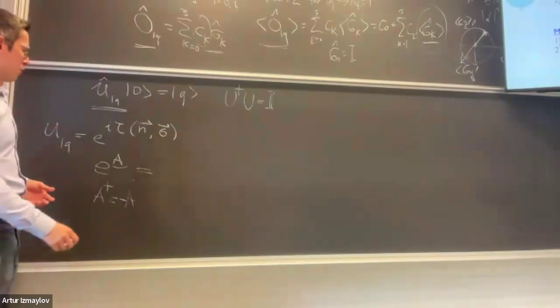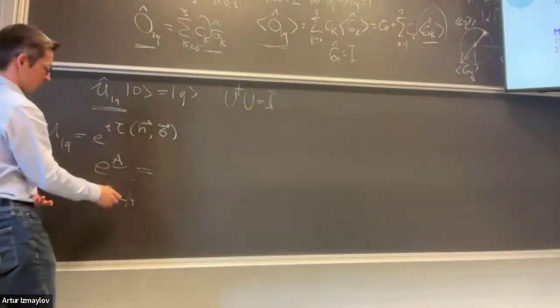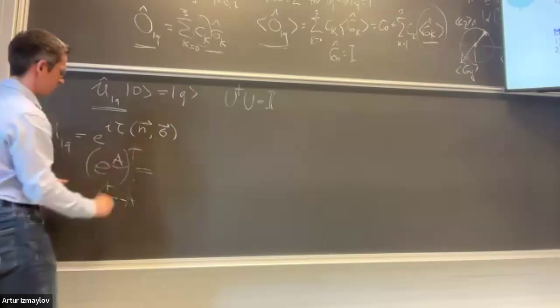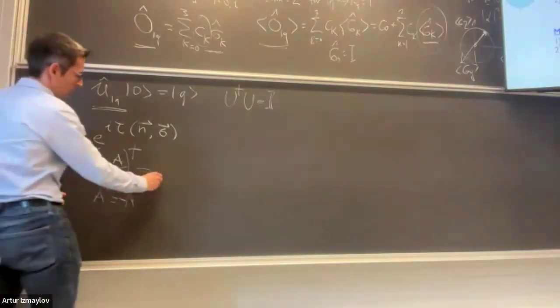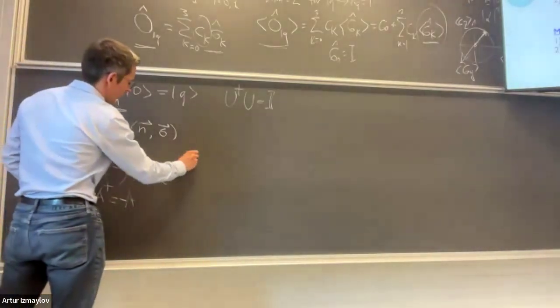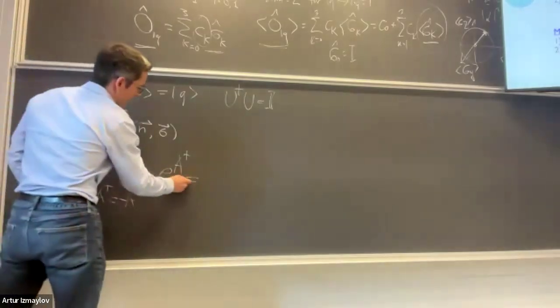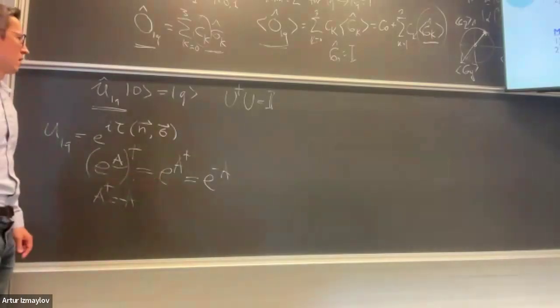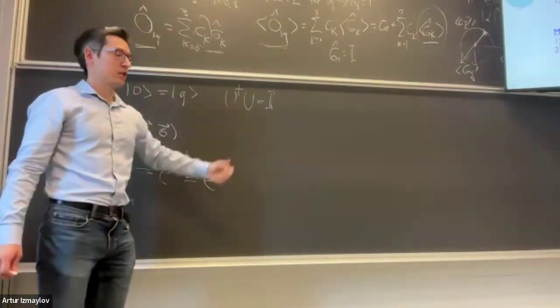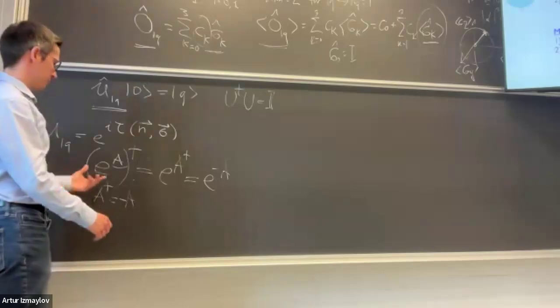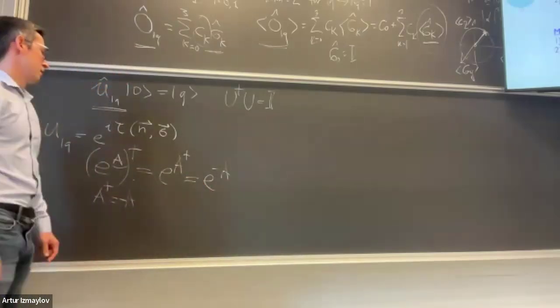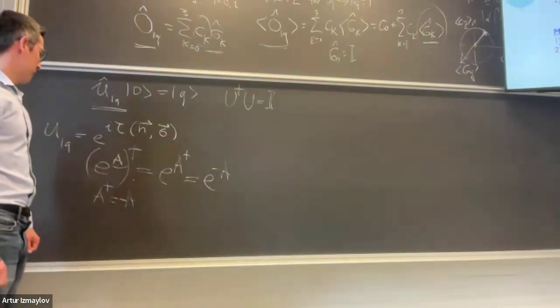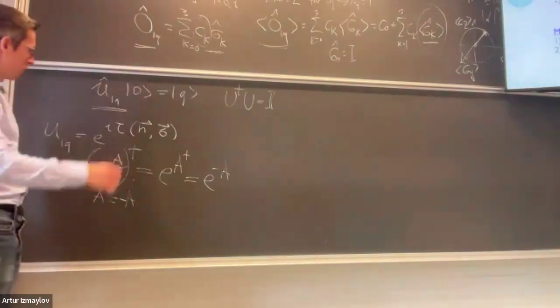Therefore, if we apply this dagger on the exponential function, we get a dagger in the exponent, and that should be minus A. So that guarantees a cancellation between U and U dagger, because if you multiply this with the exponent of A, that will give you identity.